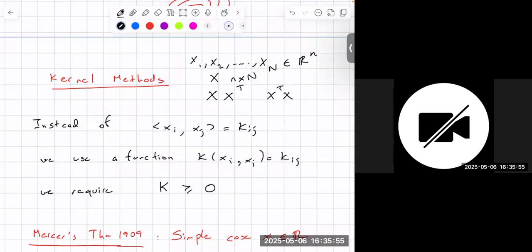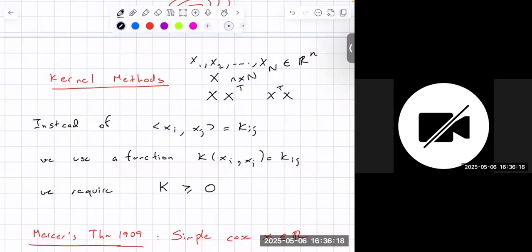What we will do is allow ourselves not to use just a dot product, but any function that takes two of your input data points and spits out a number. What do we want that function to satisfy? A priori you don't have to assume anything, but to make things work out, you want it to be positive semi-definite.